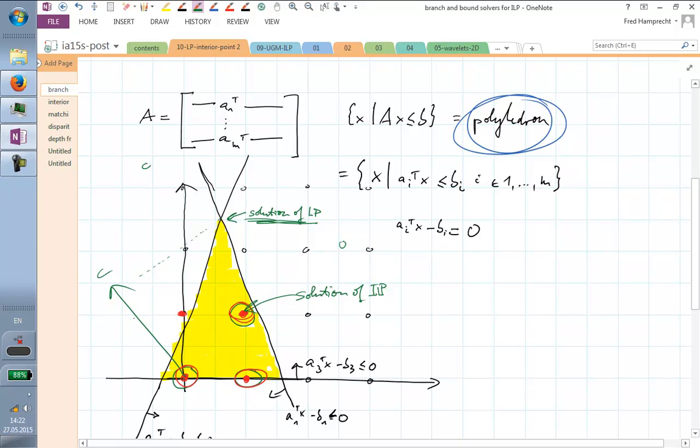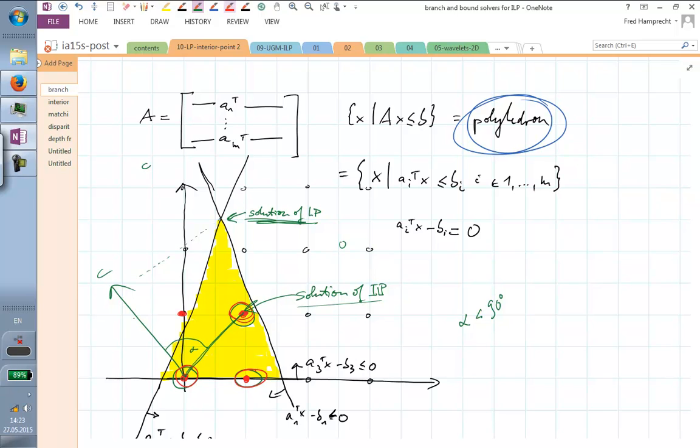Or am I wrong? Let's see. What's the slope between these two? This is a slope of +1. And my vector, this angle alpha in my picture, is a little bit smaller than 90 degrees. And hence the solution on the right is indeed more favorable. So this is the solution of the ILP. Okay.